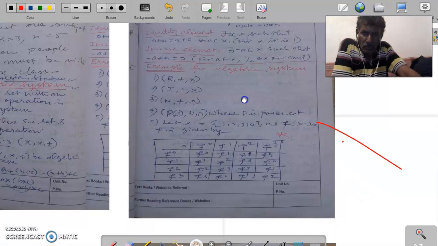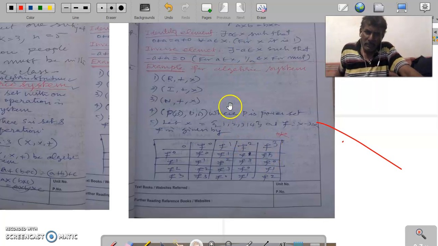This is also a good example where X is taken as {1, 2, 3, 4} and f is a function from X to X where f star is defined like this. So this is a good example of an algebraic system, and that satisfies all the above properties.